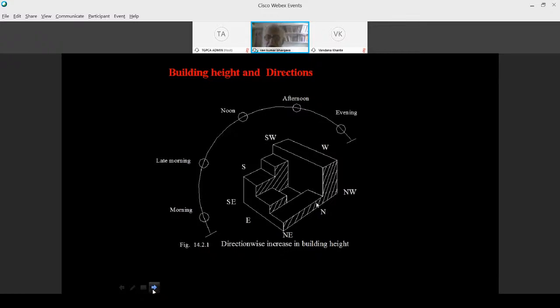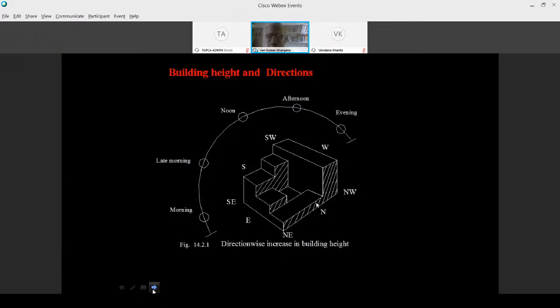Then again, from south to north, if you move, there are steps and the building height keeps reducing from south to north, with minimum height in the north portion because minimum heat gain is from that side.